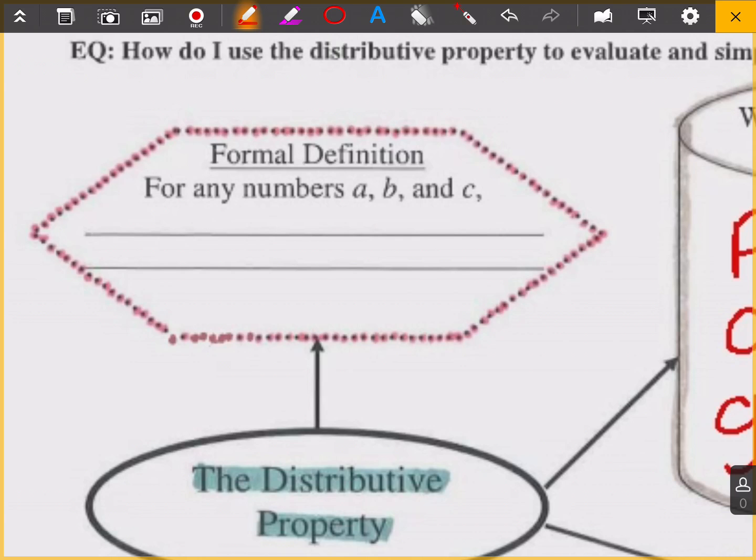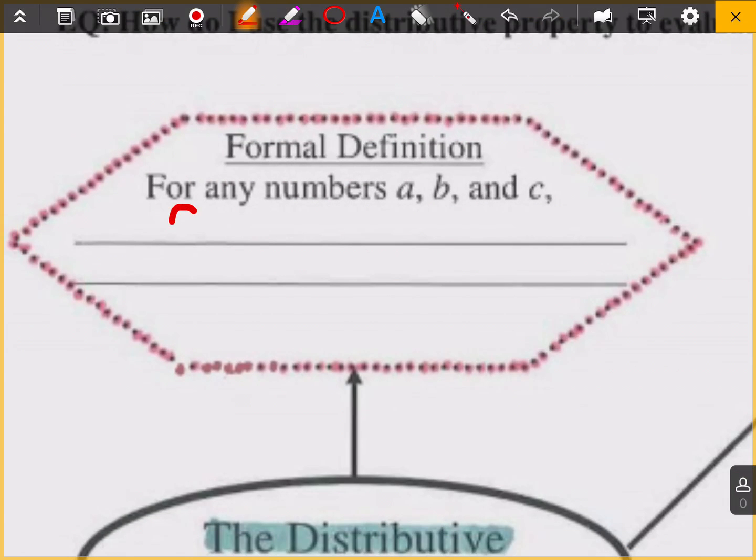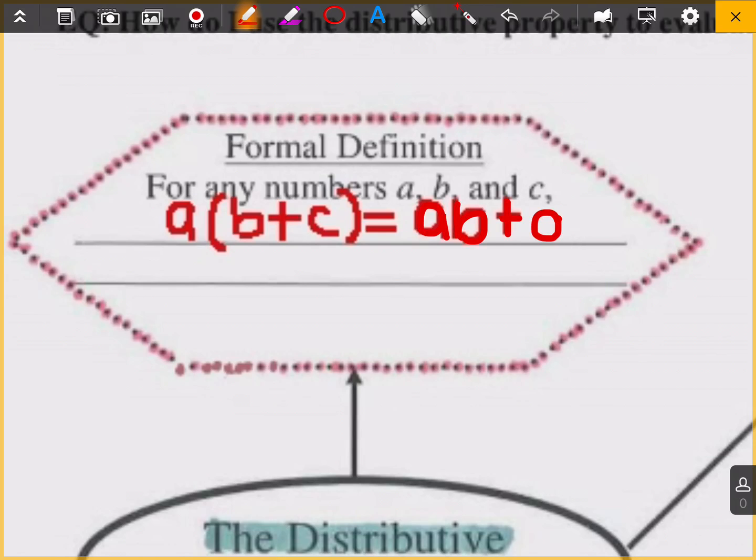When we're looking at an example that has something like A, parentheses, B plus C, and then closes parentheses, what that means is we could distribute that A to the B and the C. So what it would look like is A times B plus A times C. Remember, if numbers or letters are touching, that means that they are multiplying. So keep that in mind through this property.